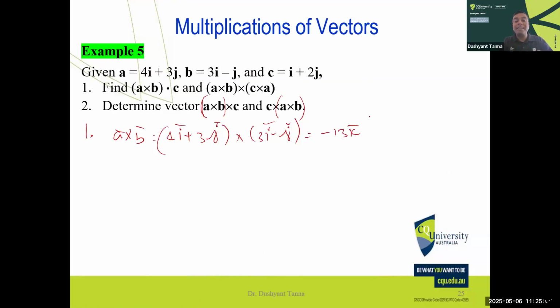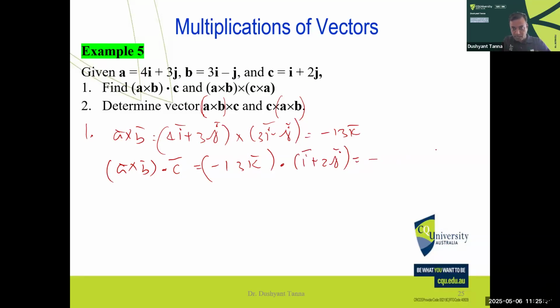Right, now I'm having A cross B dot C. So minus 13k dot, make it a bold dot so it looks like dot, C, which is i plus 2j. Now, i dot k will be 0.